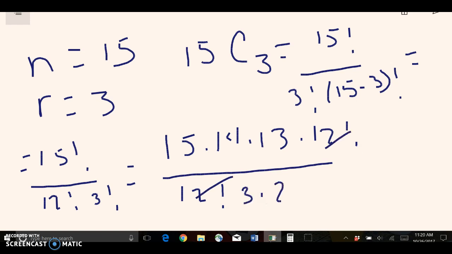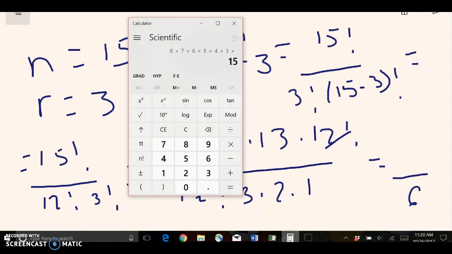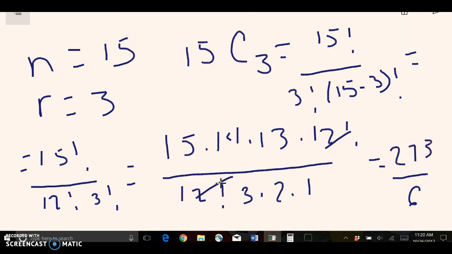So I have 3 times 2 times 1 in the denominator, which is 6. I know that one. Let's do the numerator: 15 times 14 times 13 is 2730, divided by 6.